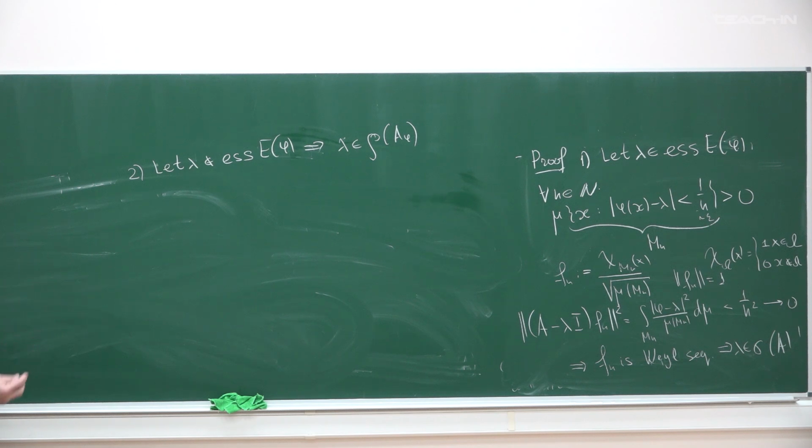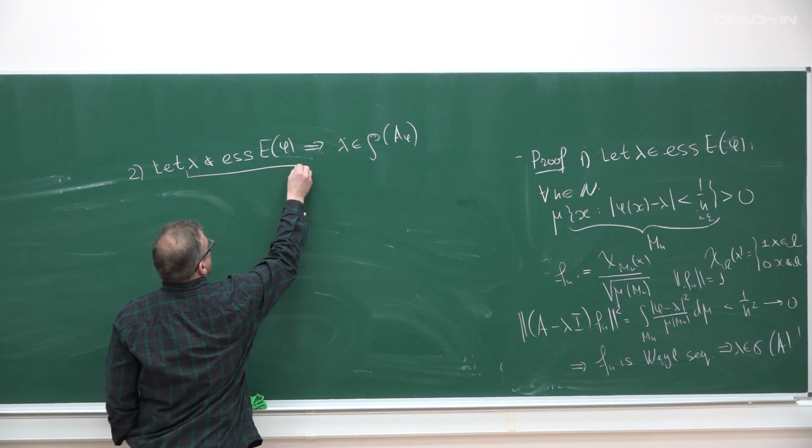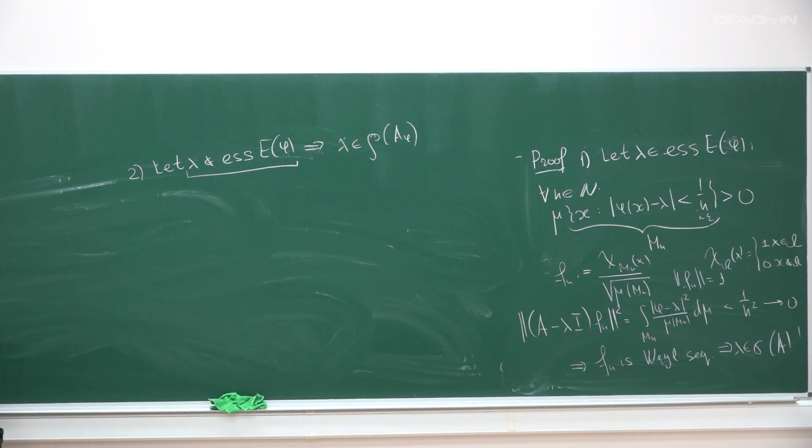And if we want to show that it is from the resolvent set, we must construct the resolvent operator. By definition, what does it mean? You must write the contradiction to lambda being from the essential values.